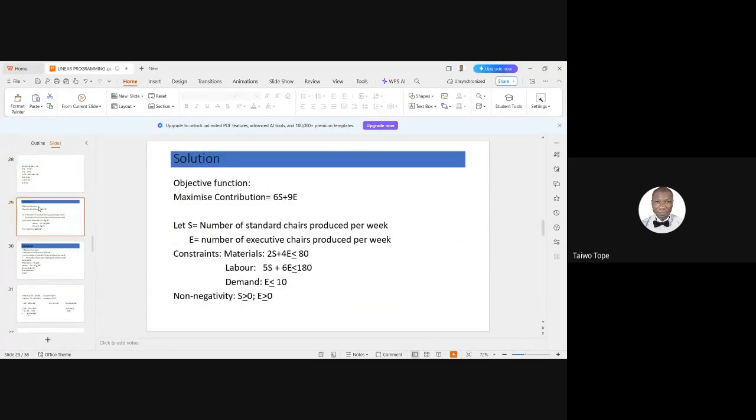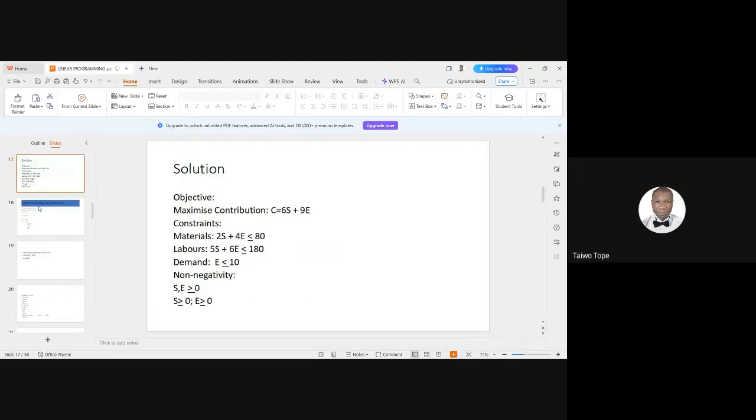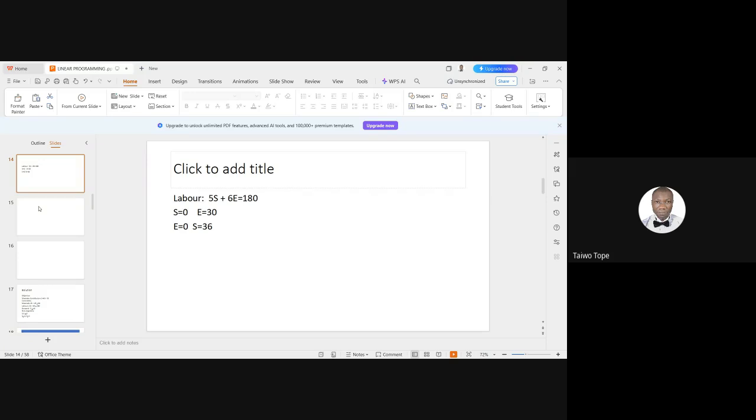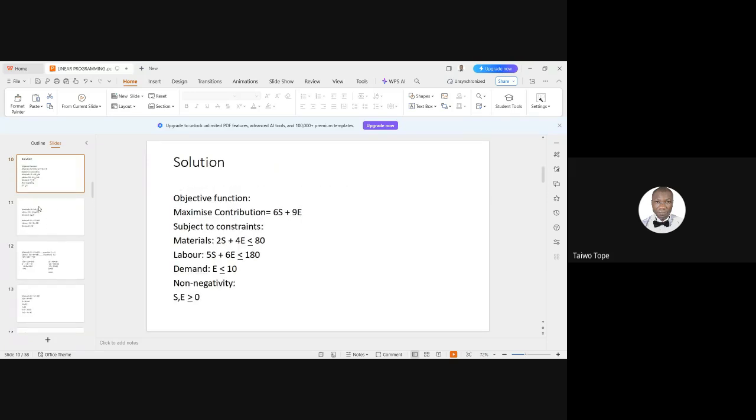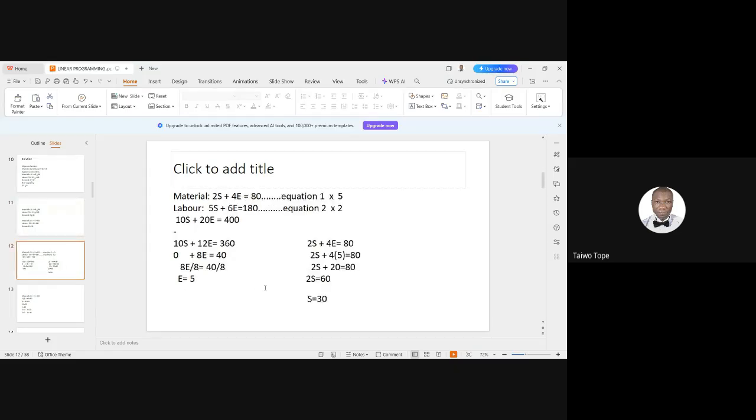That is the first thing we solve for. The two values we obtained when we solve for the equation are these values here: 5 for E and 30 for X. These are the quantities at the point of intersection.